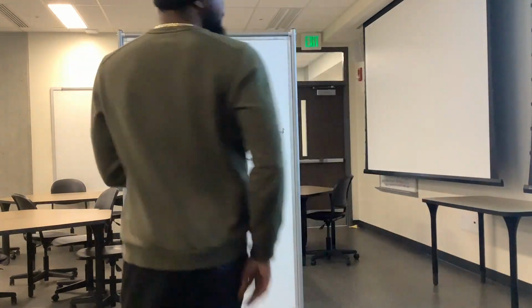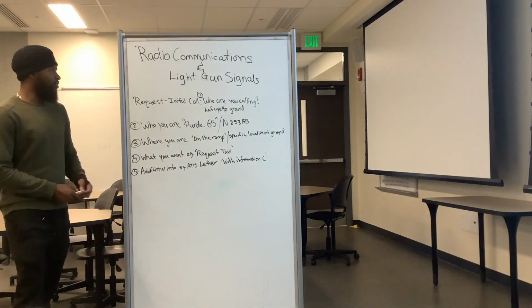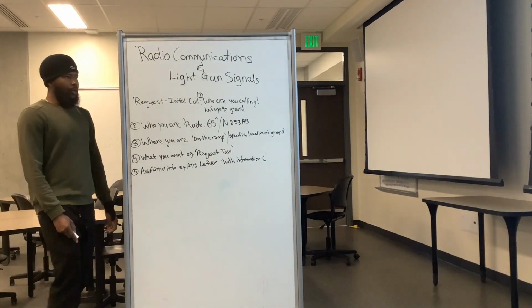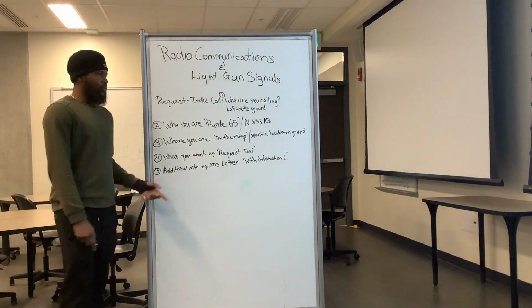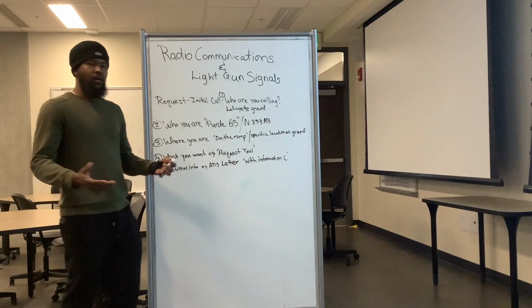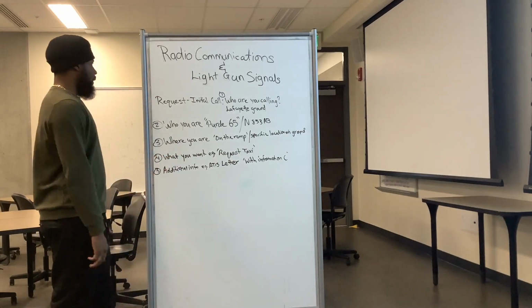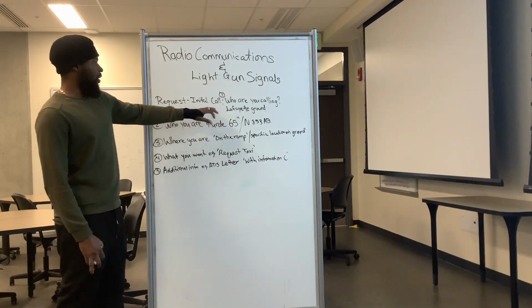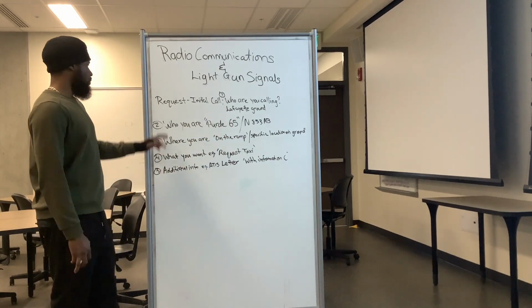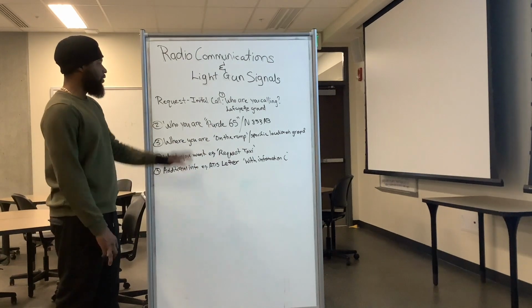All right, so now I'm going to break down the sequence of how you go about making a call in the tower environment when you get ready to take off or ready to go. Your initial call is: who are you calling? For example, Lafayette Ground, right? And then who you are: you're going to identify yourself with your tail number.